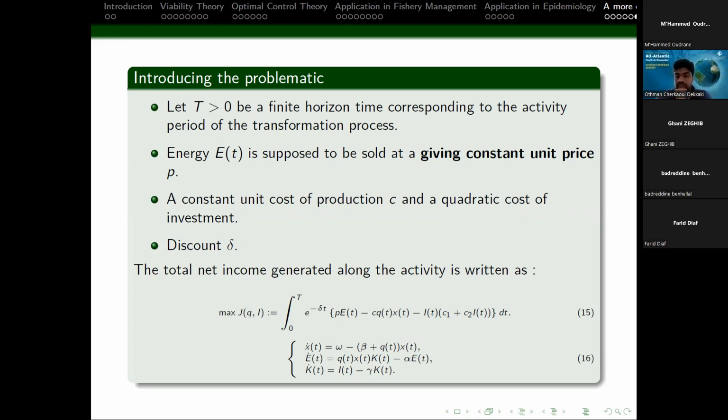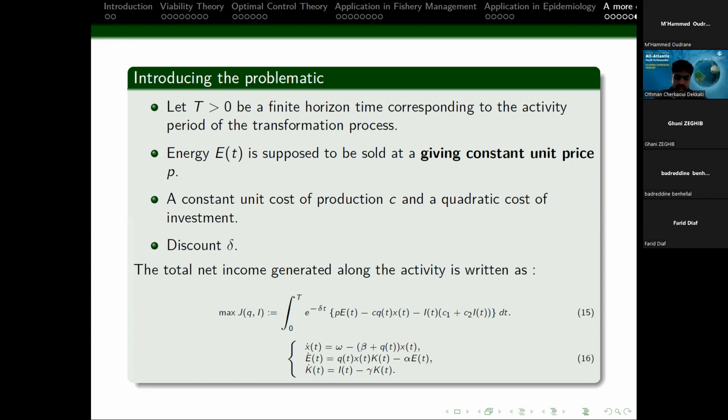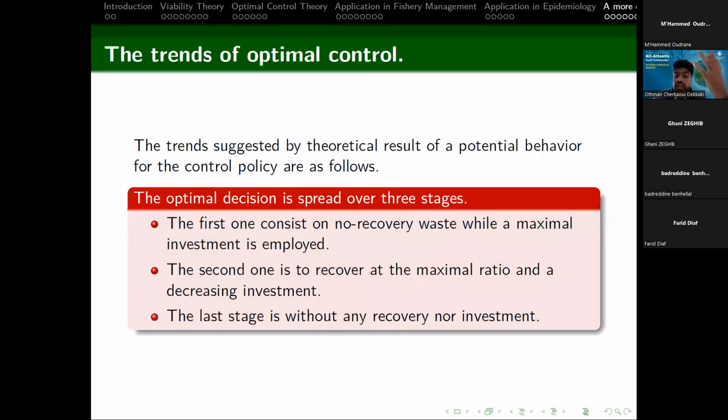So what happens now? We noticed that the theoretical result suggests a potential behavior of the control policy, meaning that this control policy E and Q_t has the following trend.